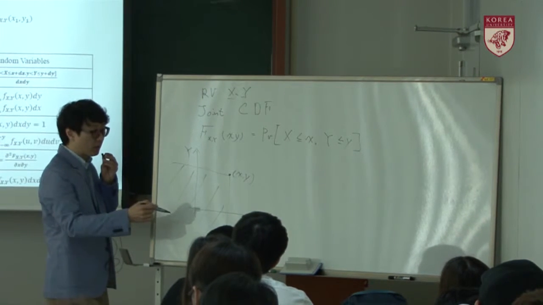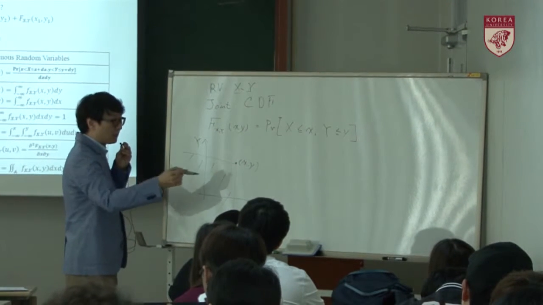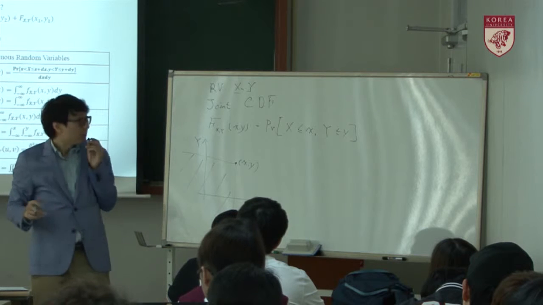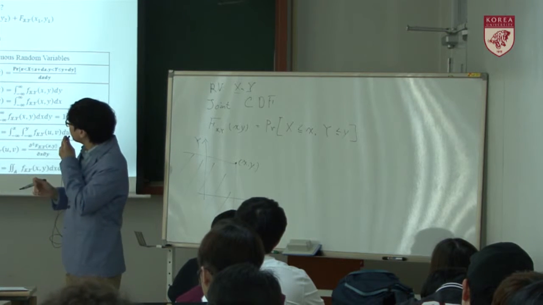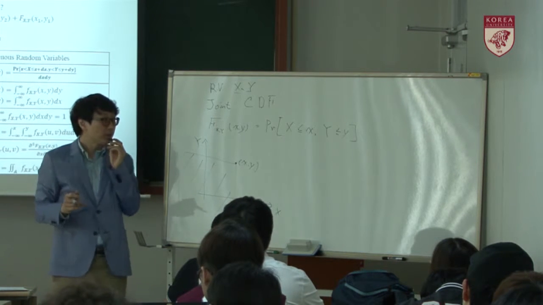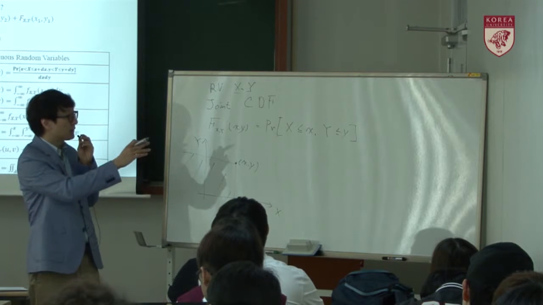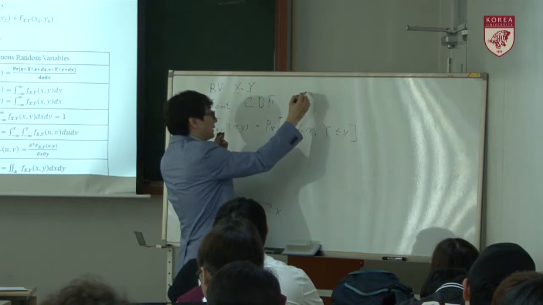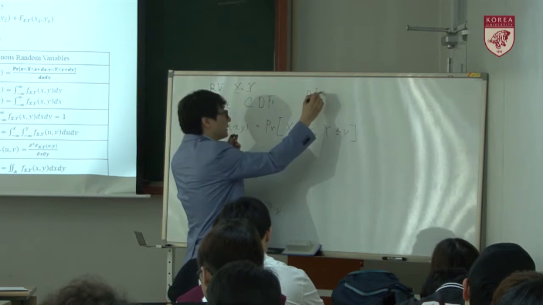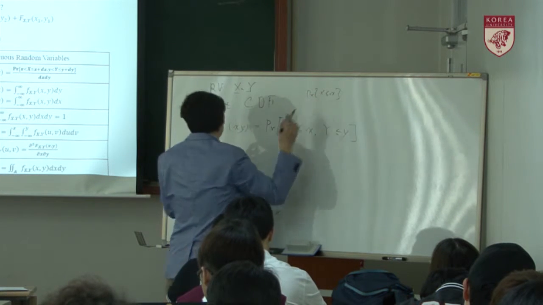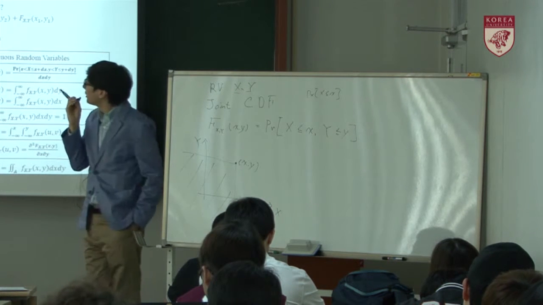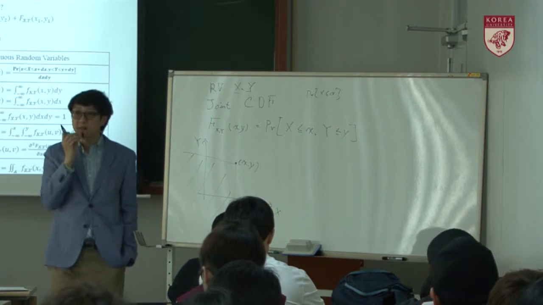All of the probability that x and y are located in this area is the joint CDF function. Usual CDF is given as the probability that x is less than small x.